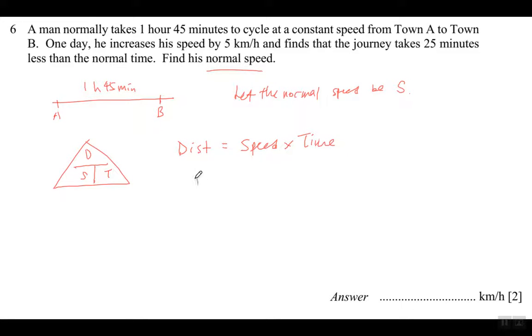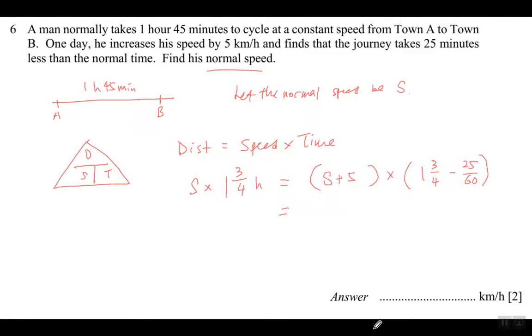So the normal speed multiplied by 1 hour 45 minutes, which is 1 3/4 hours, must give the same distance from A to B. Now the speed is increased by 5, so S plus 5 multiplied by 25 minutes less, which is 1 3/4 minus 25 over 60.